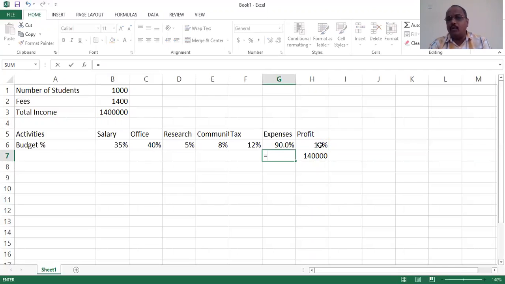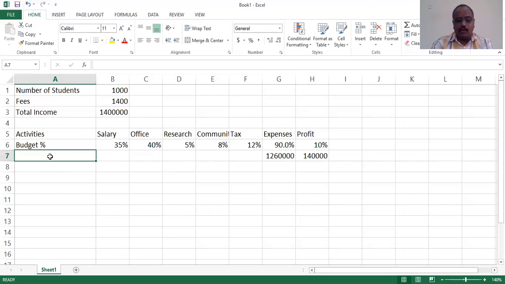So for the remaining, how am I going to make the calculation? 1,400,000 multiplied by 90%. Now I am going to find the corresponding amount in riyals.